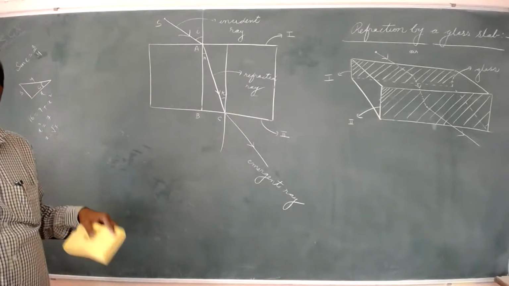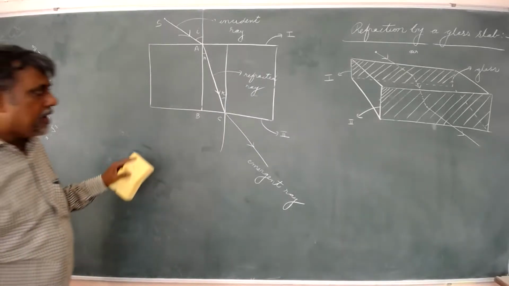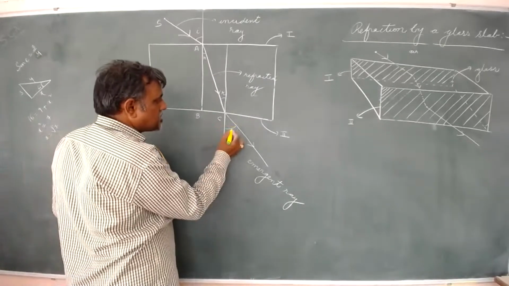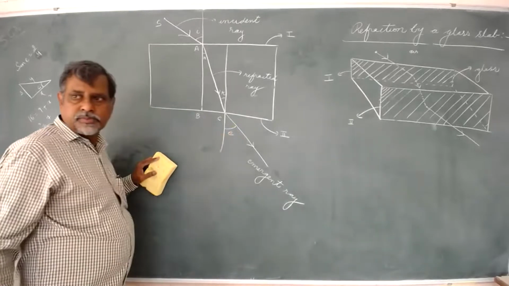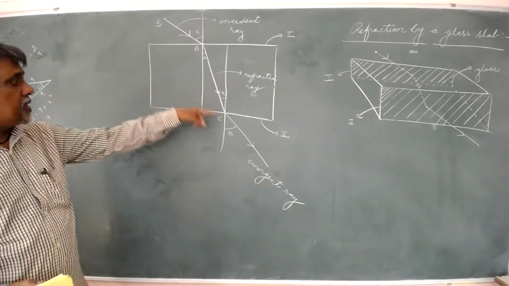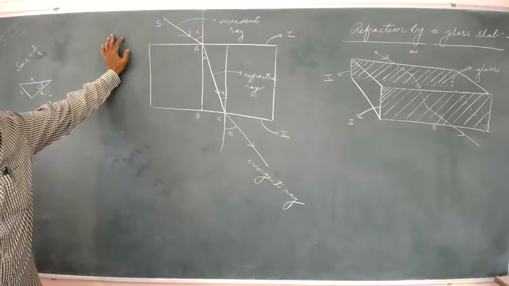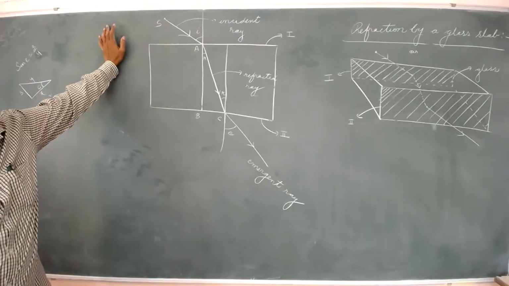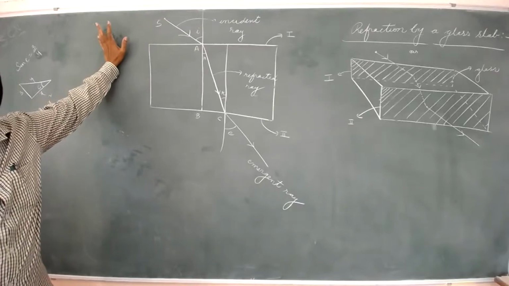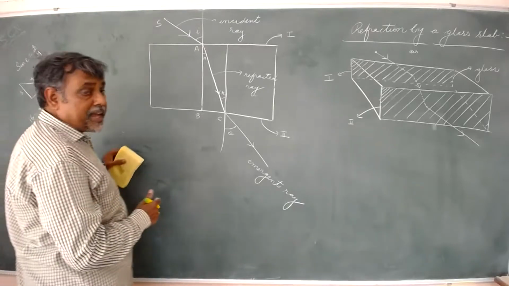Incident ray, refracted ray, and emergent ray. This becomes the angle of emergence, that is E. We can see that ultimately the emergent ray will be parallel with the incident ray. Got it?